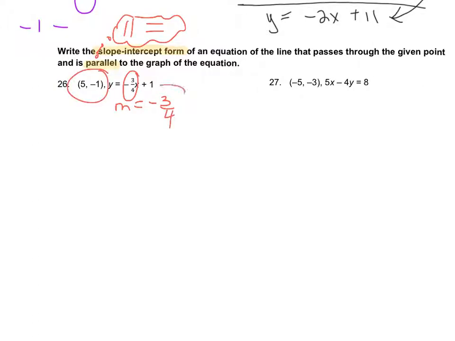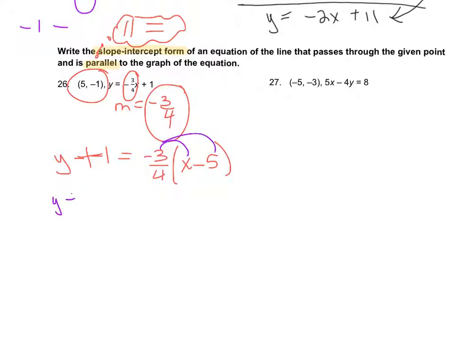My point, my slope, y minus y1 equals m times x minus x1. Two negatives become a plus. Distribute the negative 3/4, so you get y plus 1 is equal to negative 3/4 x plus 15/4. Minus 1, minus 1.